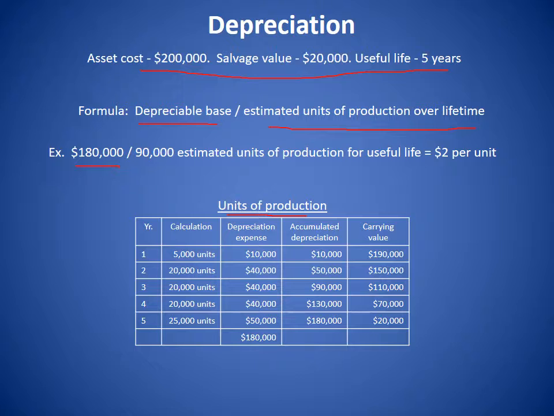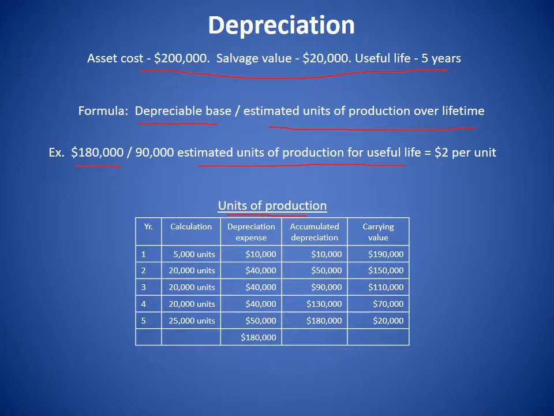Now, an example would be $180,000 would equal the depreciable base, because that would be the asset cost of $200,000 less the salvage value. So that'd be the amount that we would want to depreciate. So we're going to take $180,000 of depreciable base and divide it by the estimated units of production for its useful life.